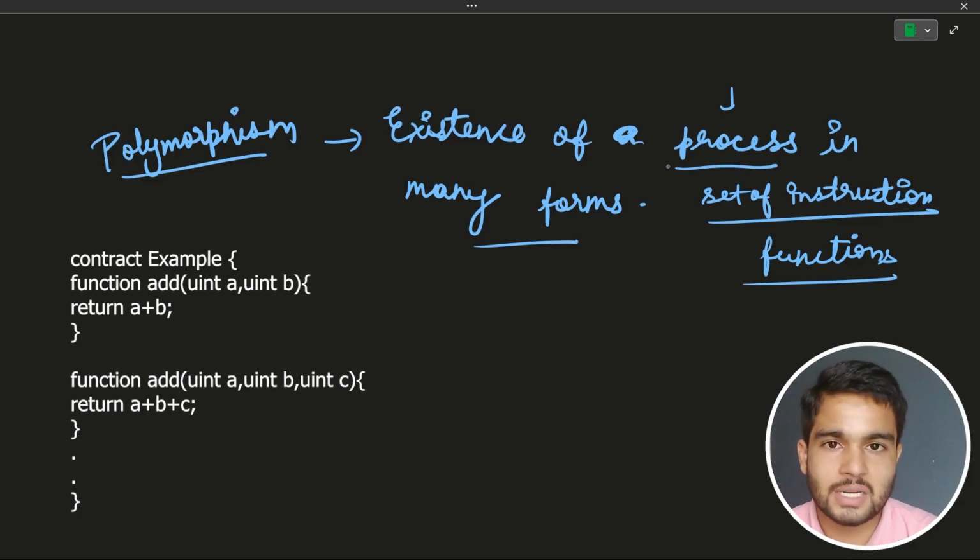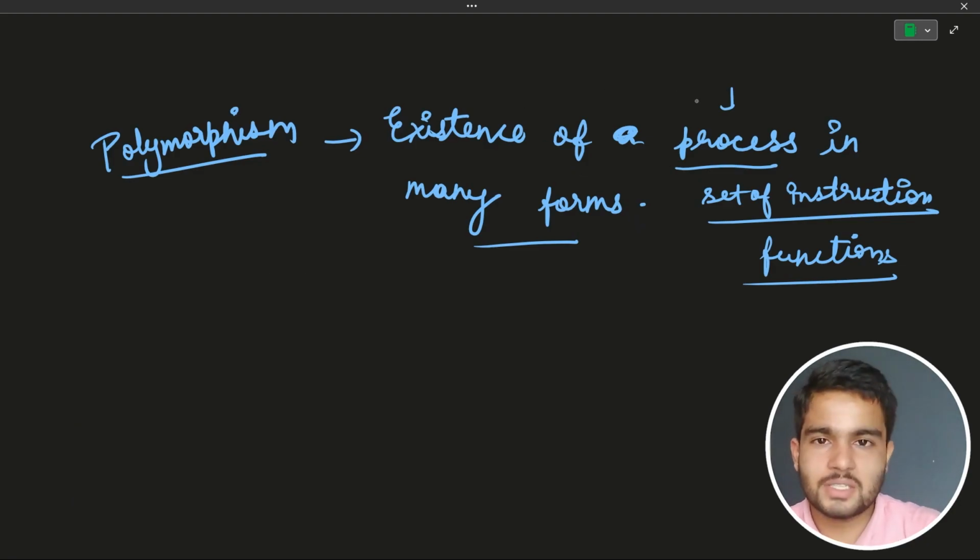The name of the function is the same, but that function is created multiple times, and the number of parameters is different. In this example, the function add exists in many forms within a single contract. If a function exists multiple times, that is considered polymorphism.